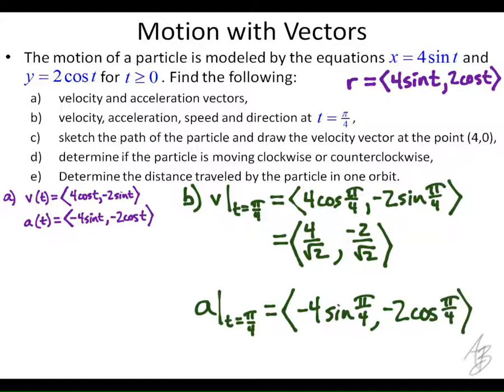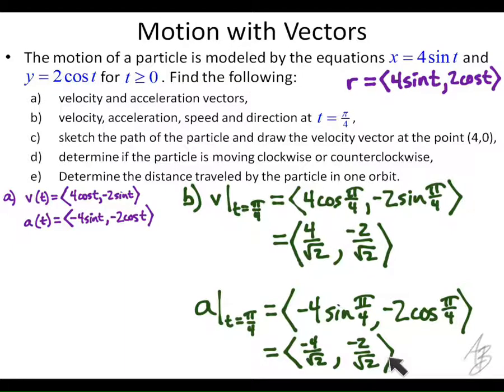What is negative 4 times the sine of pi over 4? Negative 4 over the square root of 2. And what is negative 2 times the cosine of pi over 4? Negative 2 over the square root of 2. And so this is my velocity vector, this is my acceleration vector.